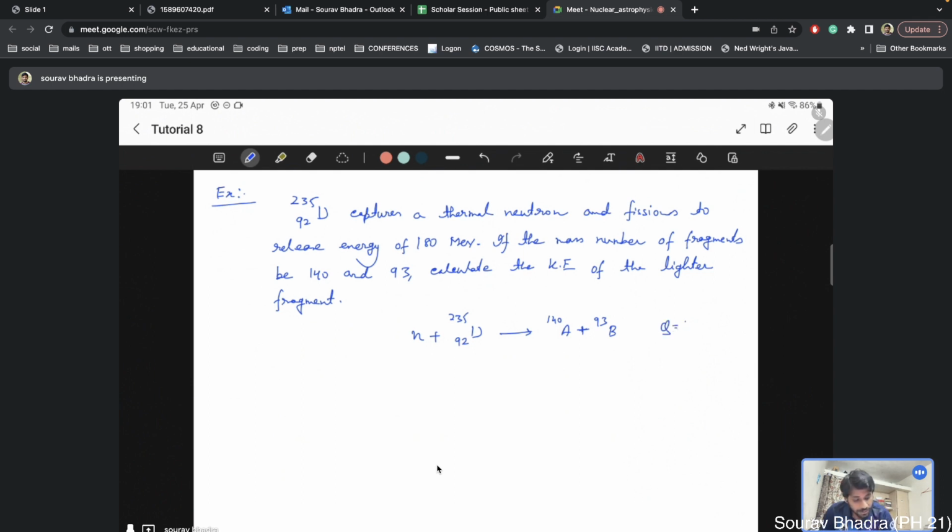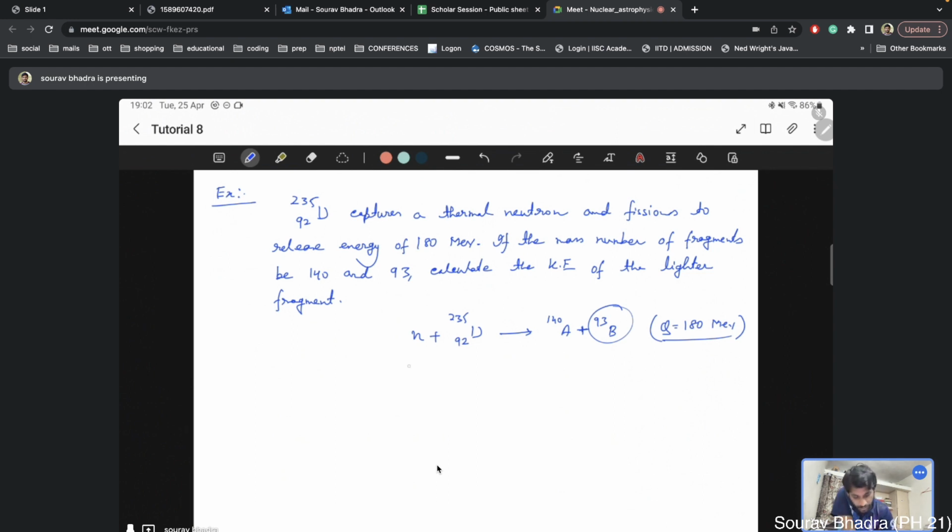That means Q is equal to 180 MeV. Energy released means positive Q, an exoergic reaction. So this is the reaction given in our problem, and it has been asked to calculate the kinetic energy of the lighter fragment, that means the kinetic energy of 93B.